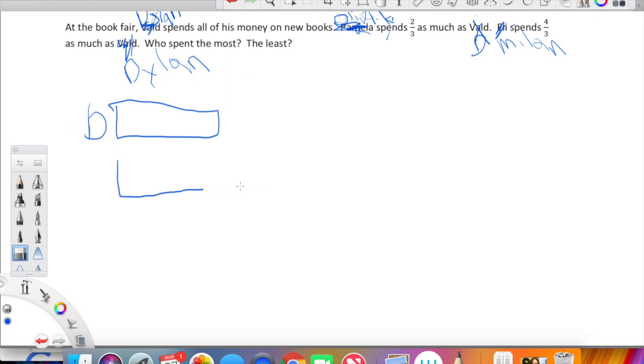And then there's Olivia K, who spends 2/3 as much as Dylan. So it should only be 2/3 of Dylan's. So first, to make this easy, we're going to split Dylan's tape diagram into thirds.